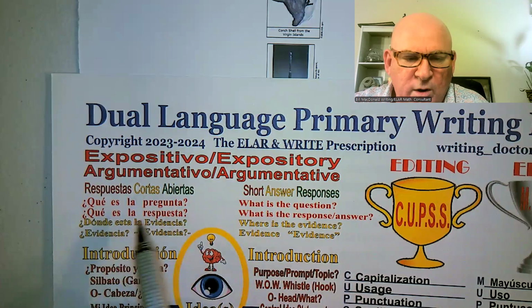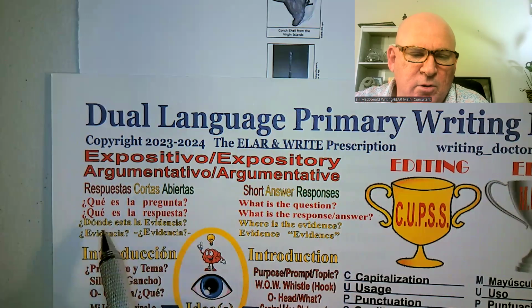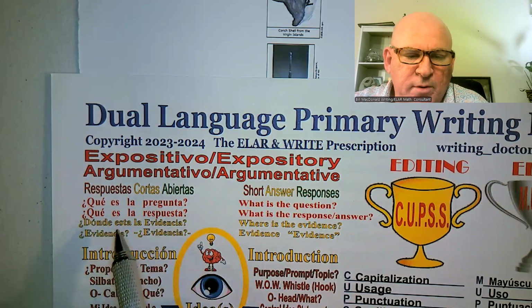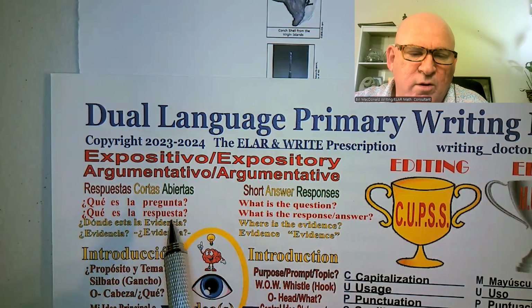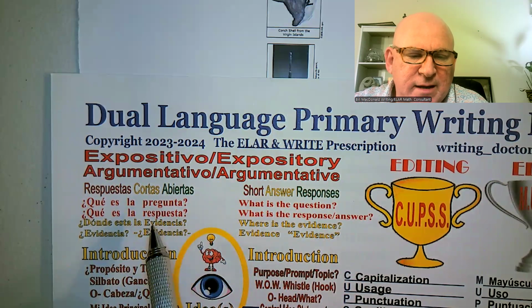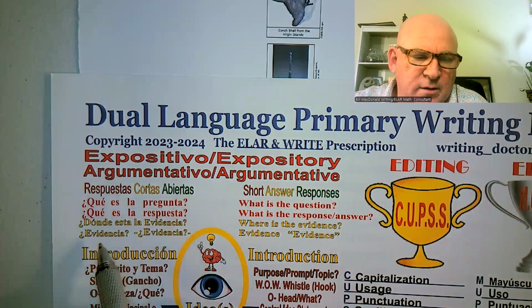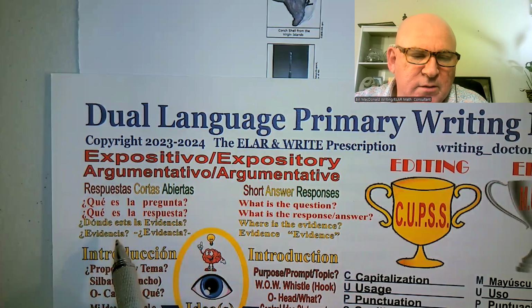You want to tell me where it is, the location. What paragraph of evidence are you going to use, even if you only use one piece? Evidence from the text for answer. Evidencia, what is it?